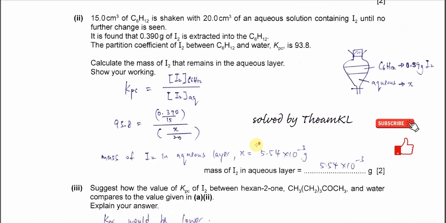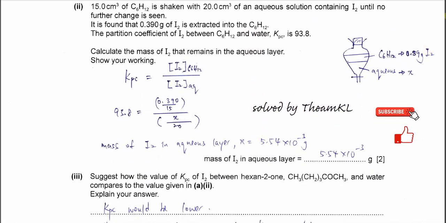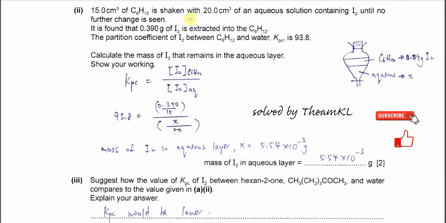This is a KPC question, which is the easy question. 15 cm cube of cyclohexane is shaken with 20 cm cube of aqueous solution, and this aqueous solution has iodine in it. Until no further changes, it's found that 0.39 g of iodine is extracted into the cyclohexane, the C6H12.